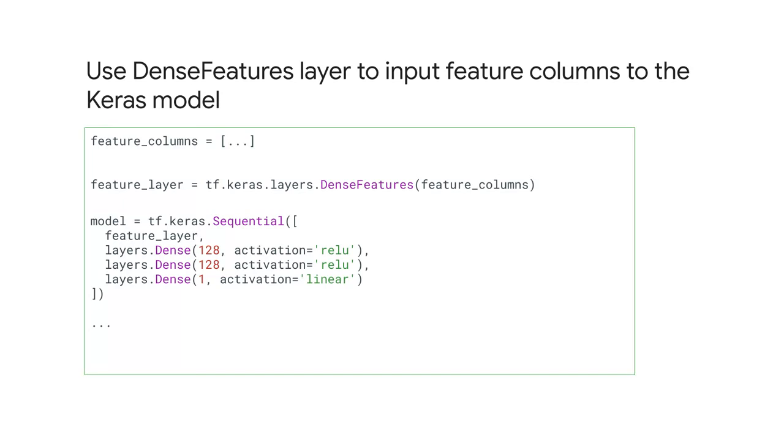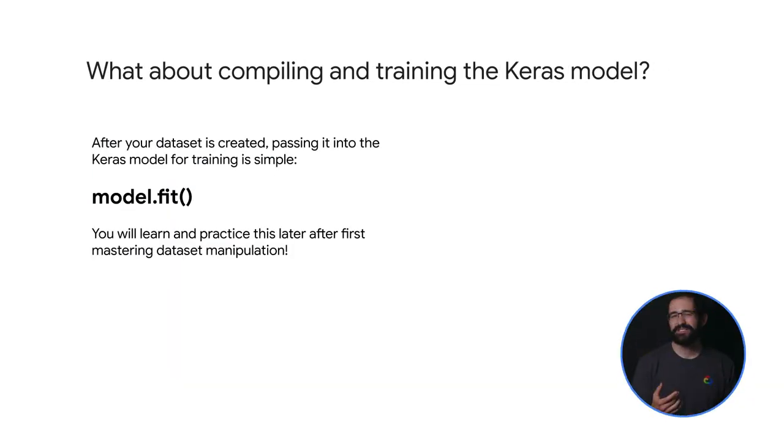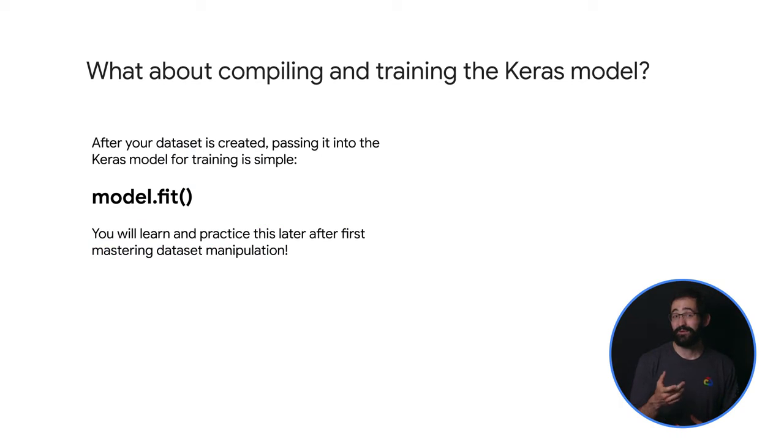This layer is simply a layer that produces a dense tensor based on your given feature columns. After your dataset is created, passing it into a Keras model for training is quite simple. As you see here, model.fit. We're not going to do that just yet though. You'll learn and practice the actual training of your model in a later video. First, you've got to master dataset manipulation with the Keras API.